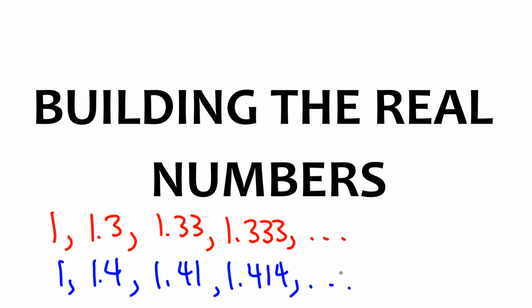I mean, the more digits we know after 414, the more we can write down, but that sequence where each number adds another digit from the square root of 2, that is an increasing infinite sequence of rational numbers that converges to the square root of 2. We could just as easily find infinite decreasing sequences of rational numbers that converge to 4/3 or to the square root of 2. We would just look at things from the other side instead of from the downside.